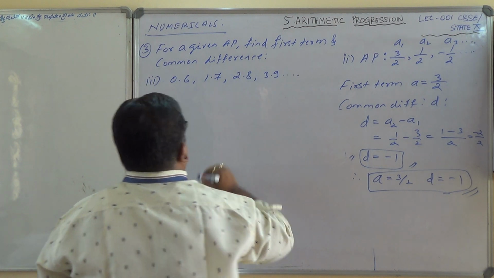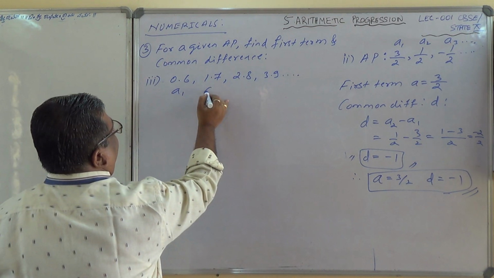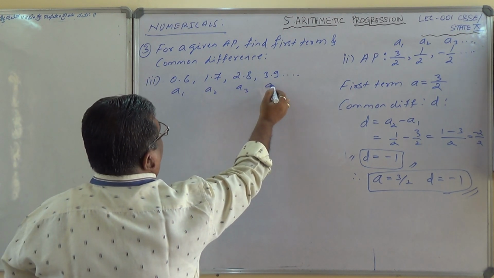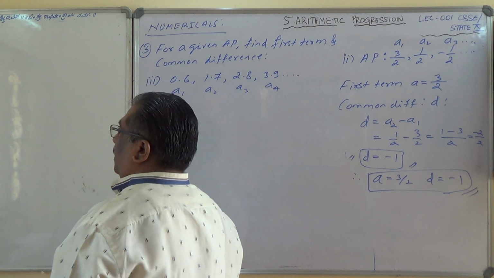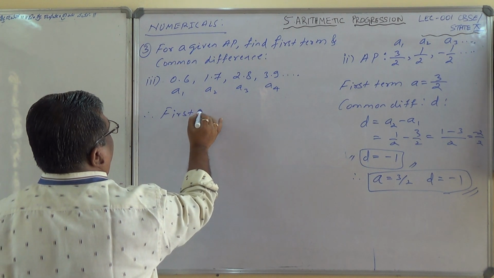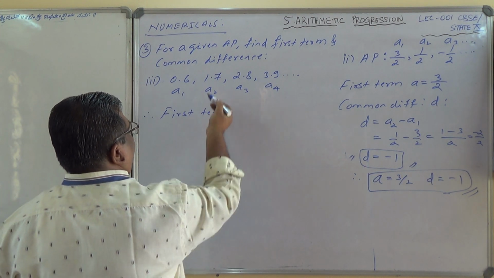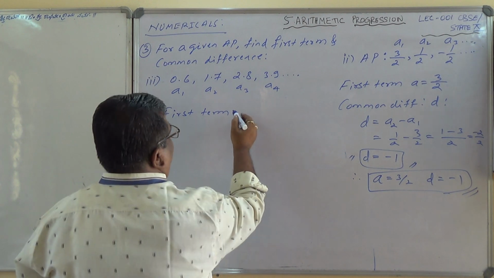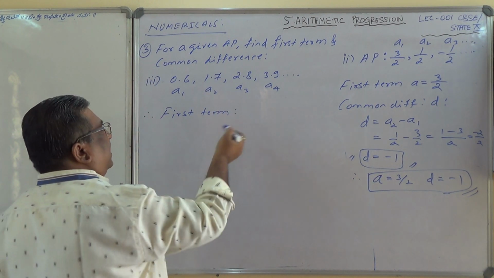3.9, dot dot dot. So let this be A1, A2, A3, A4 continuous. So what is the first term? See, I can write first term A1 or A. That is okay, because first term generally in AP is referred to as A itself.